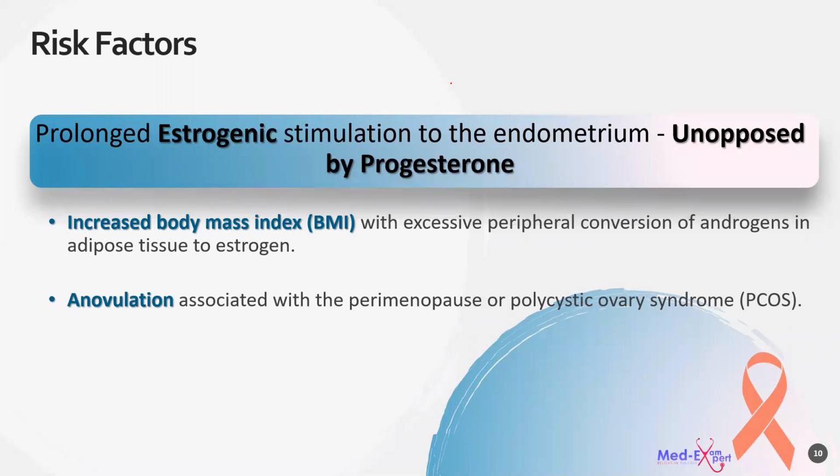This could be found in many situations, like an increased body mass index. Of course, the more the peripheral fat tissue, the more the conversion of androgens in the adipose tissue to estrogen by the aromatase enzyme. Also cases of PCOS and anovulation can lead to endometrial hyperplasia and of course endometrial cancer.